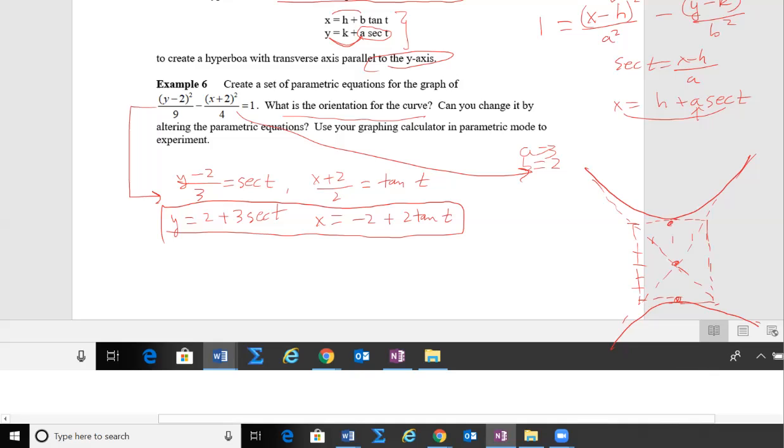What was that again? We had the center at -2, 2.